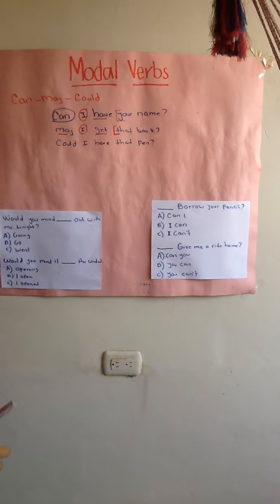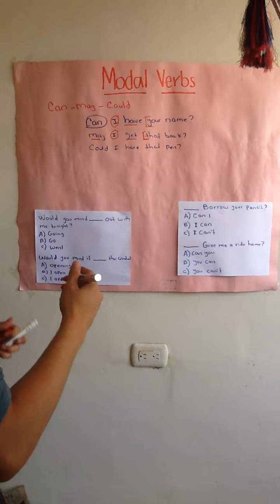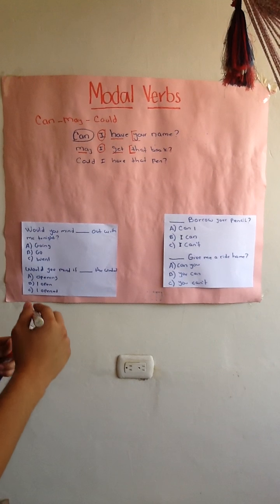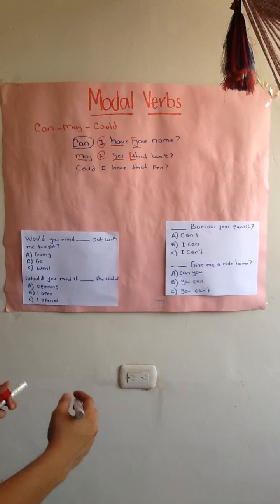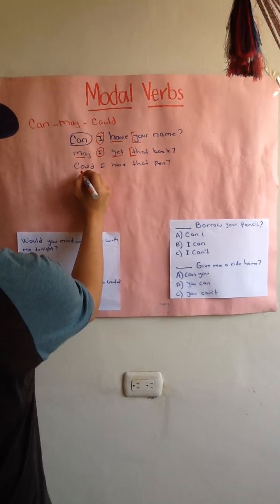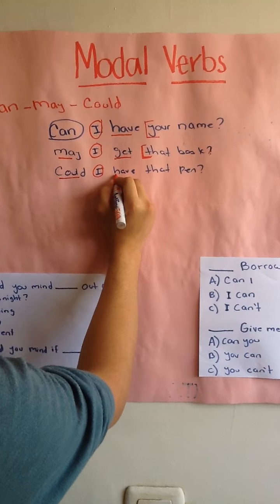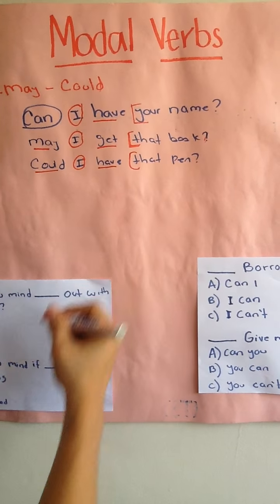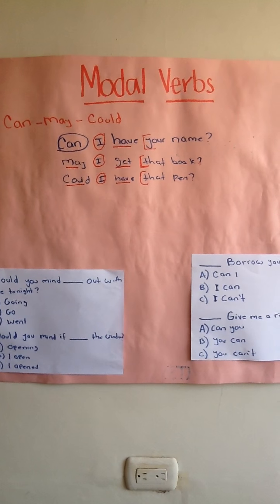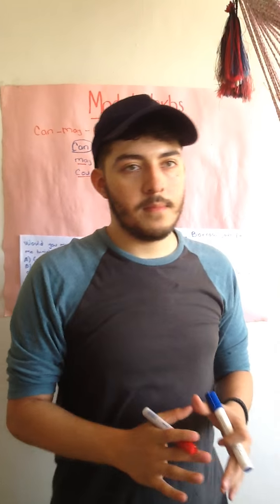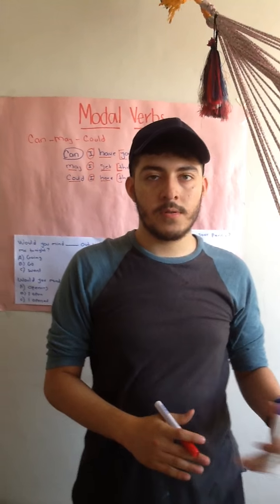This is an example of using could. It is the same structure. The only difference is the politeness when you're making a request. So it is the same scenario: the modal verb, the subject, the verb, and lastly, the rest of the question. This is the main idea for making a request using modal verbs.